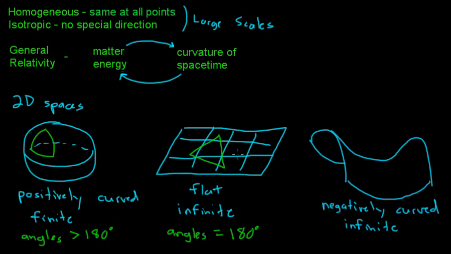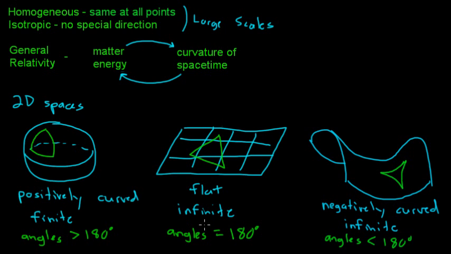But when I look at a triangle on this shape, following straight lines on this curved space, the triangle might look something like this. And the angles of that triangle would add up to less than 180 degrees. So again, we have a different type of geometry, but this geometry is also going to be homogeneous and isotropic. So it's still a valid possibility for the shape of our universe.